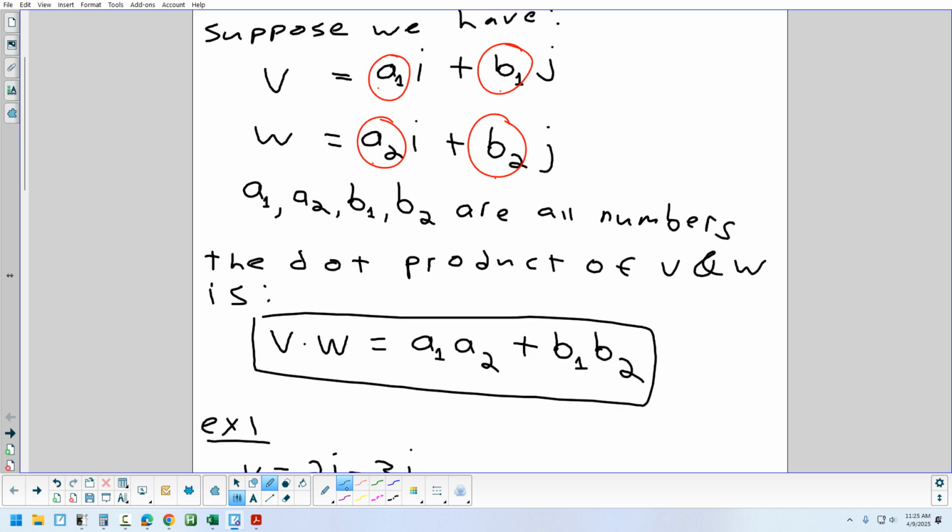So what I want to think about is what kind of answer do we get when we're done? A1 and A2 are just numbers. What do you get if you multiply a number times a number? You just get a number. What about if you do another number times another number? You get another number.